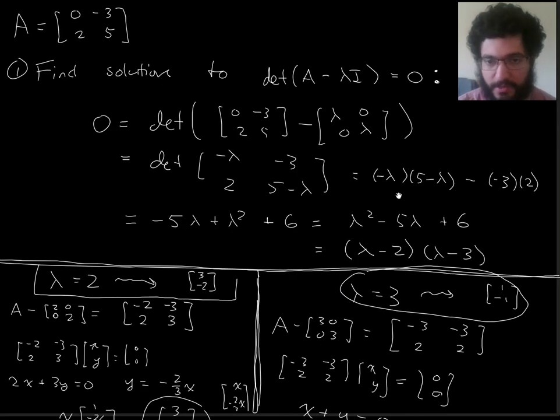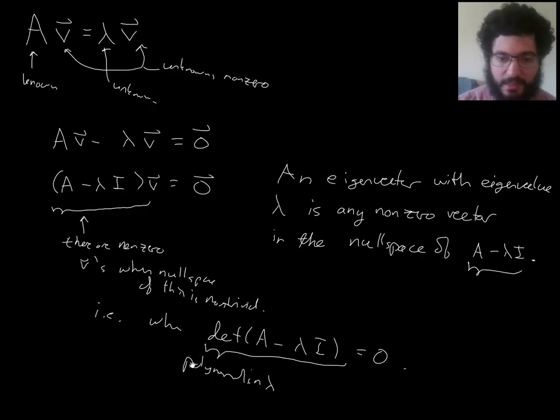Let's say you get a quadratic polynomial in lambda if you're doing a 2x2 matrix. You could get repeated roots, you could get 2 distinct roots, you could get no real roots. Those are different situations that need to be examined sometimes separately. So let's look at some of those in the next video.